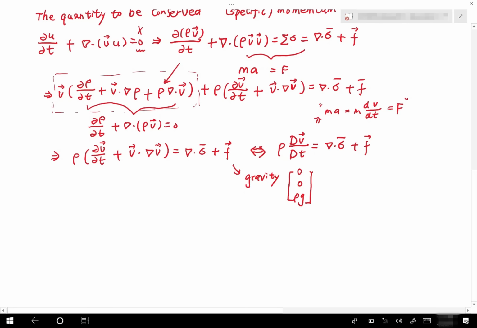And now the problem is that we don't know this thing. So what is the stress in fluid? In solid, we know how to deal with sigma, right? We do that based on a few things. First we connect stress to strain based on the constitutive relationship.